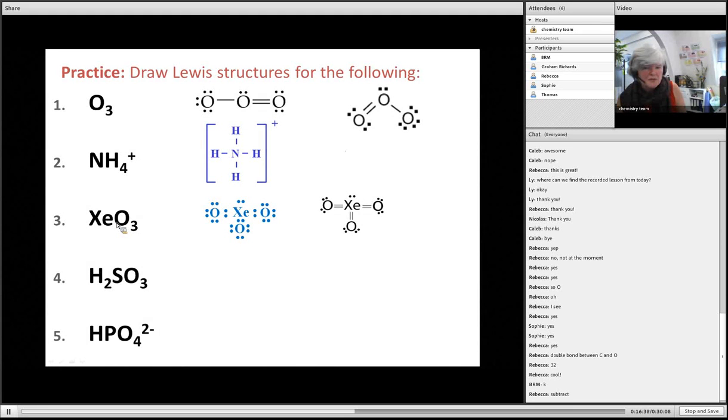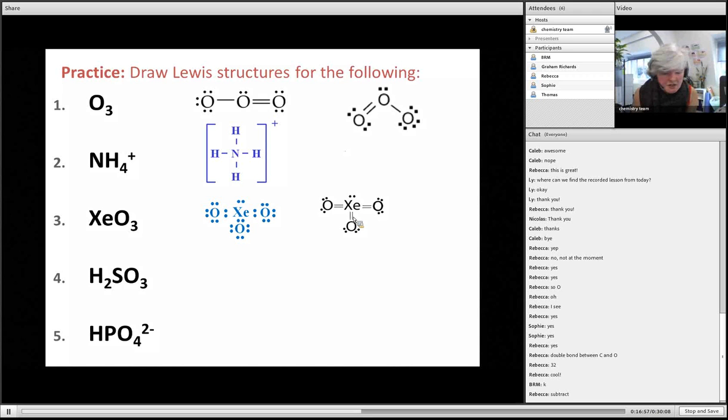Xenon, now remember xenon, the noble gases lower down. You can force them to react under high temperature and pressure with oxygen and fluorine because those are the very reactive elements. So notice you can either draw it with single bonds like this, or you can draw it with double bonds.